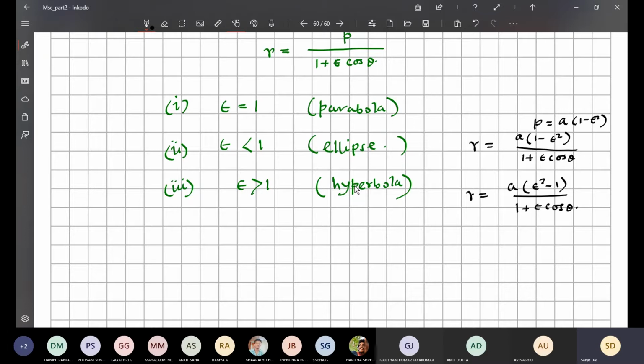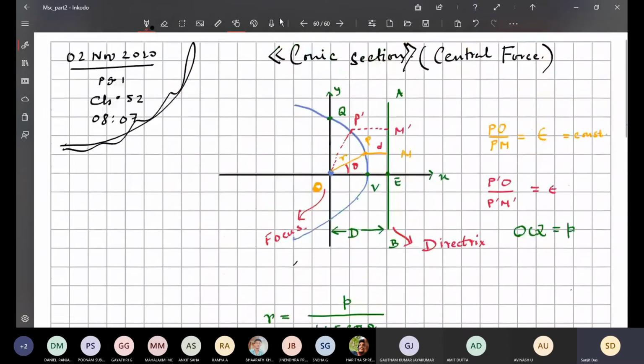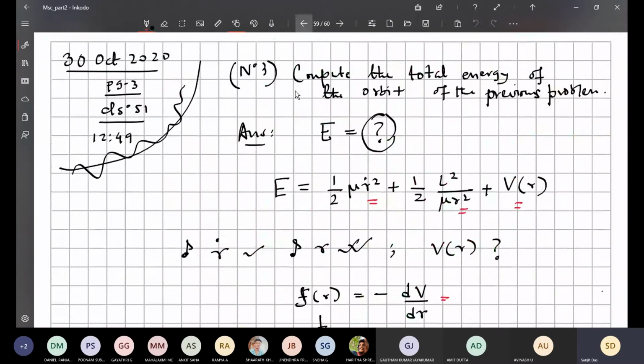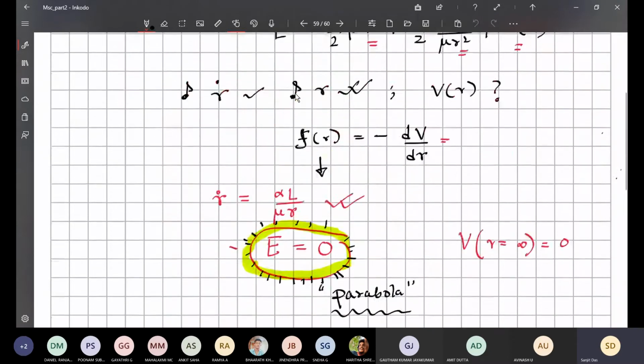Somebody remind me, or even if you don't remember, I can go back and look. At which place have I come to the orbit equation?